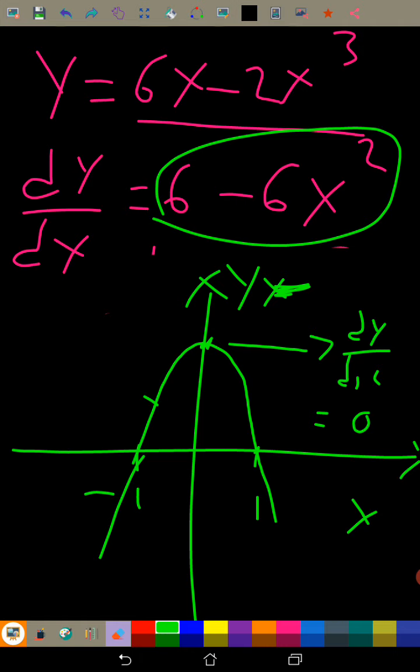So if we take half, 6 minus 6 multiplied by 0.5 squared. So quickly use my calculator. Half squared times 6 is equal to 1.5, and this is negative, plus 6. So I have 4.5.